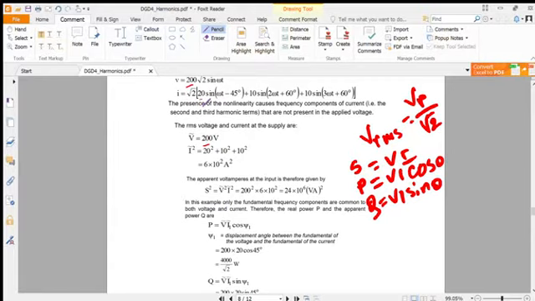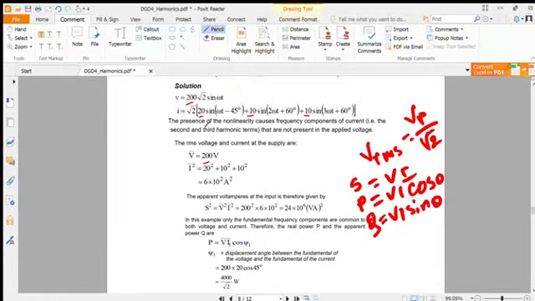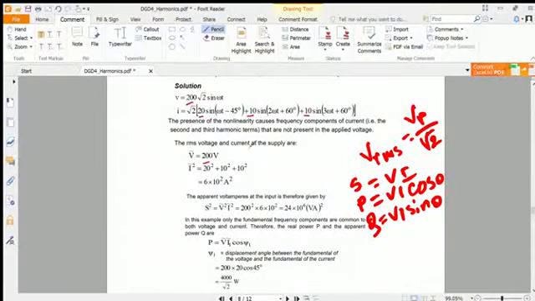This is I1, this is I2, and this is I3, the first, second, and third harmonic components, and this is the fundamental. Why is this I1? Because the real power is only transferred through the fundamental component. So here it is only I1, no I2 or I3 or I4, whatever the value. No other values are considered here.